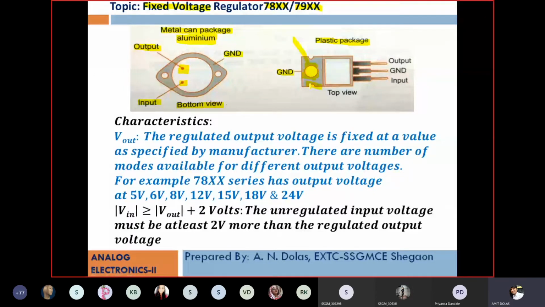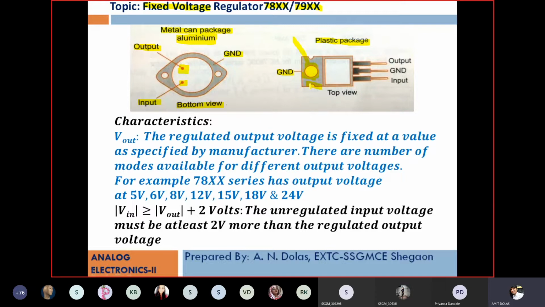I would like to tell you one thing: as we are saying voltage regulator, I have 2 voltages. One is input, that is the unregulated power supply, and one is output, that is the regulated power supply. I will discuss 2 cases. Suppose I have an unregulated power supply of 7 volt and output 5 volt. The difference is 2 volt.